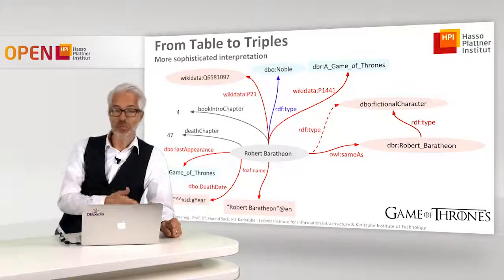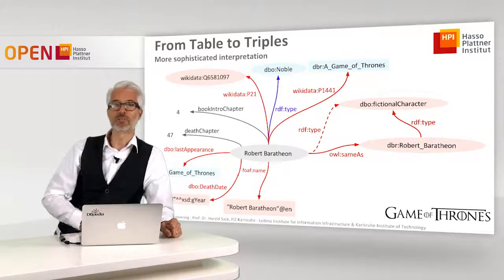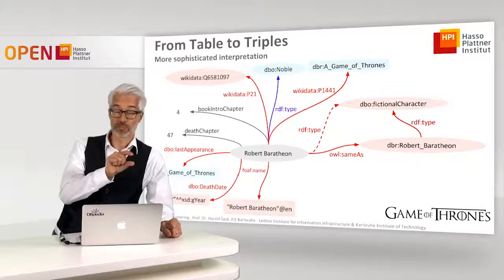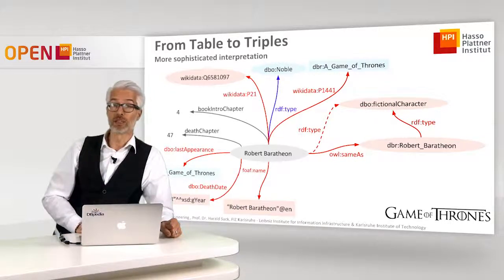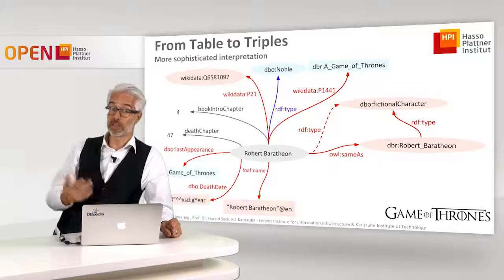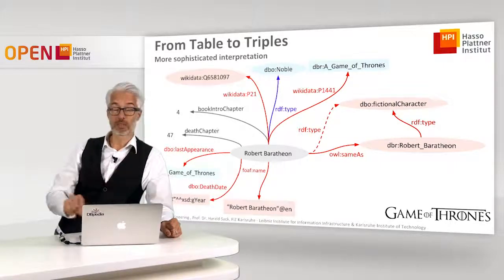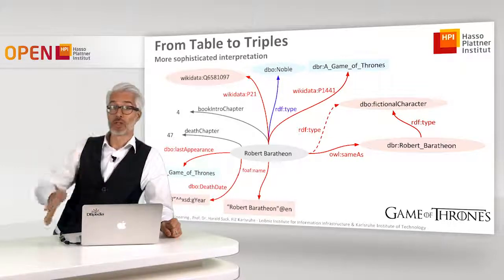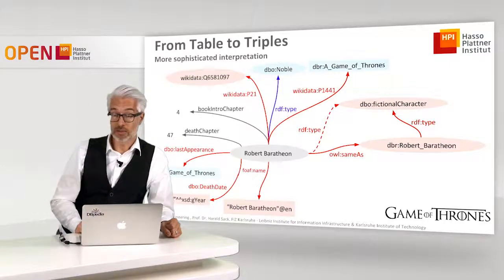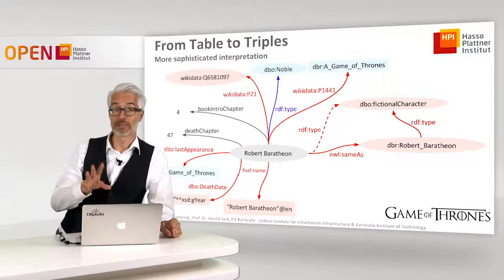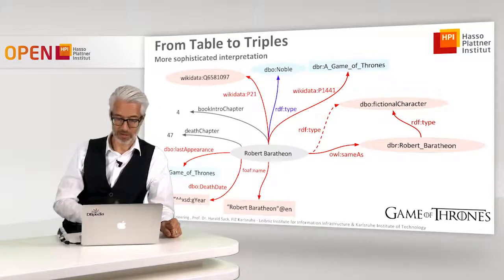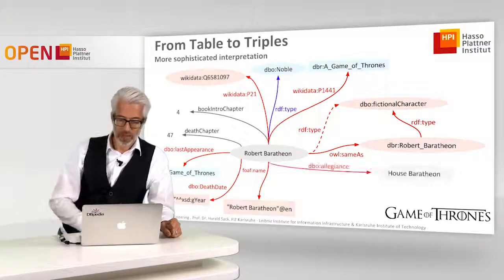But nevertheless, we can deduce that then also, because of the sameAs link, Robert Baratheon must also be of type fictional character, which gives again much information about what is there, because fictional character is also part of a huge class hierarchy in the DBpedia ontology, which in the end means this is some kind of person. It's a fictional person in that sense.